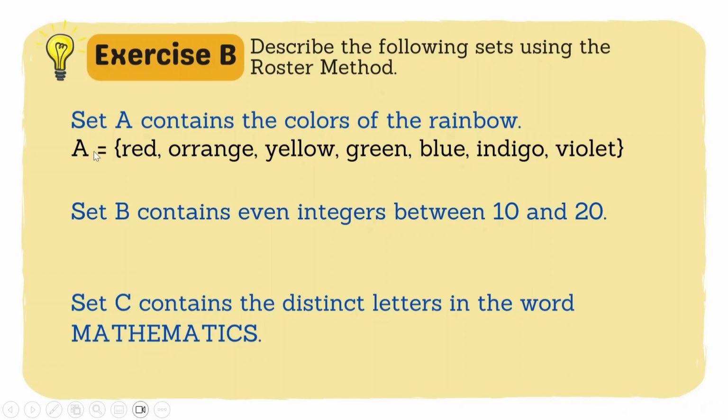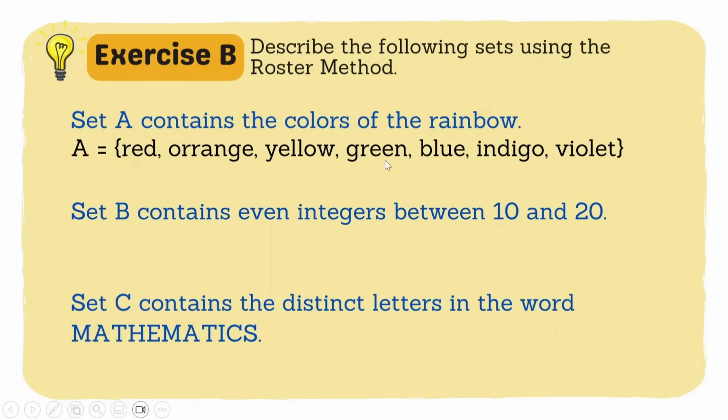Okay, i-list lang po natin. So we have here the name of the set, A equals, yung atin pong braces. Huwag po nating kakalimutan. And then ano ba yung mga colors ng rainbow? We have the red, orange, yellow, green, blue, indigo, and violet. So don't forget to include the comma in between the elements.